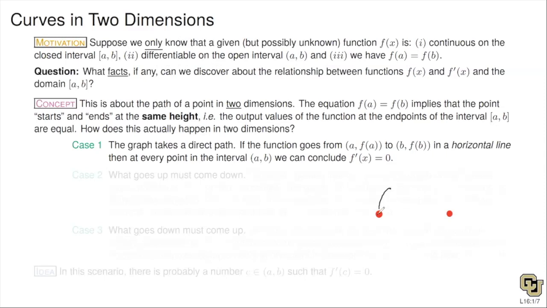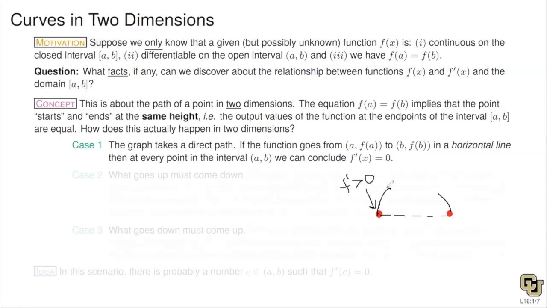The curve goes up first, but eventually I need to get back down to the original height. So right here, you'll notice the slope, because it's curved up, compare it with the slope of the direct path, which is this dashed line. The slope here is greater than 0 since we went up.